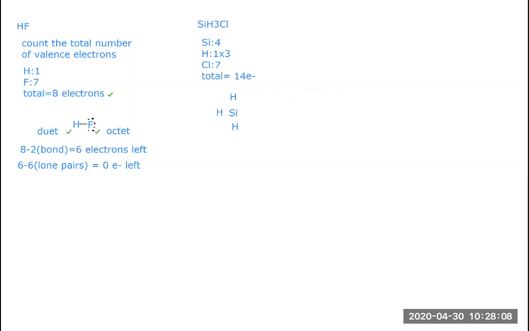And then chlorine on the right side, right? They should be all at the same distance, but it's a bit hard to position things here. Okay, I can move that. Okay, good. So silicon is surrounded by the 3 hydrogens and the chlorine.